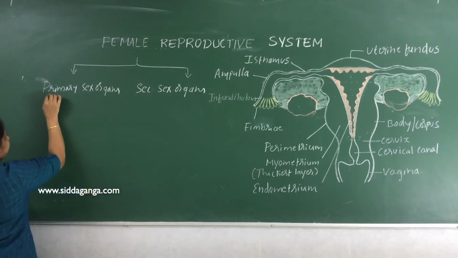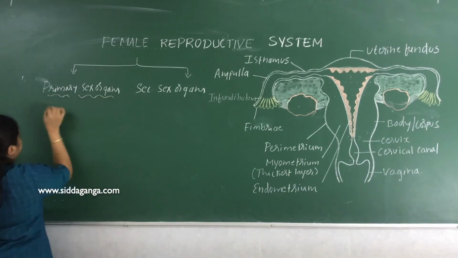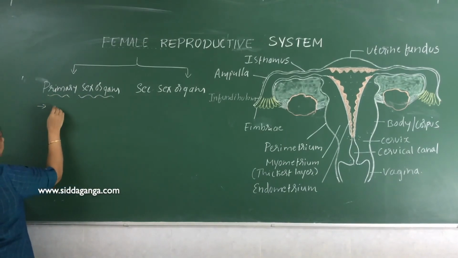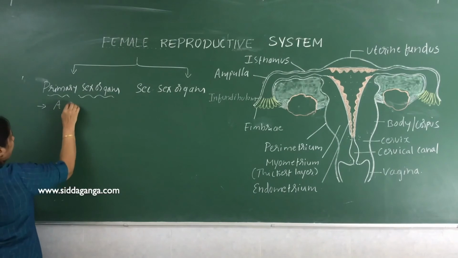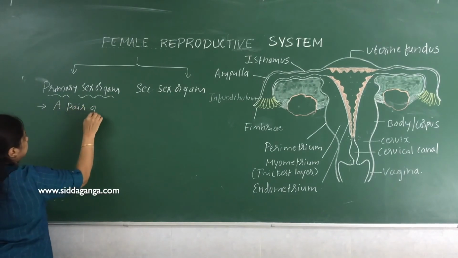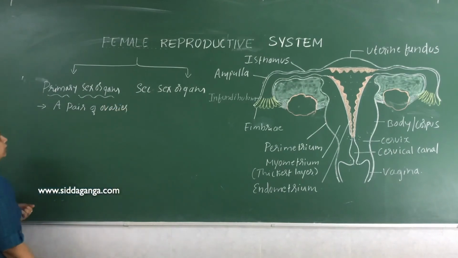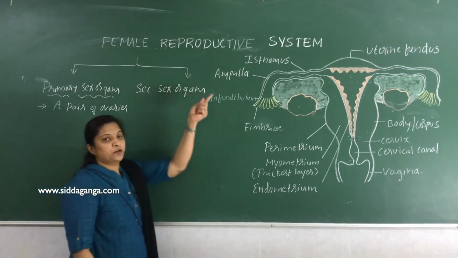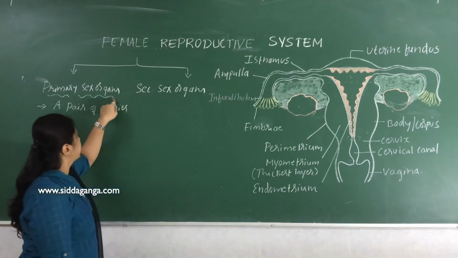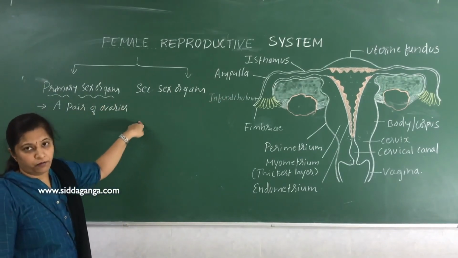So primary sex organs in case of females are a pair of ovaries. So in case of female reproductive system, the primary sex organs are a pair of ovaries.